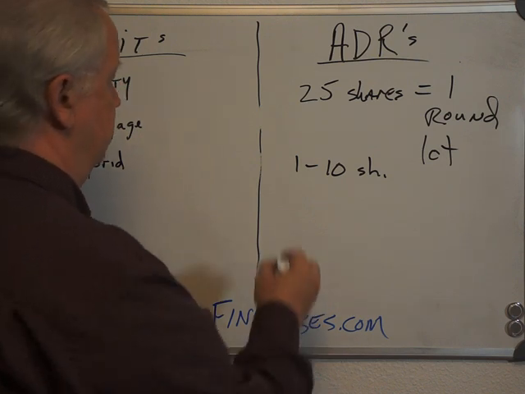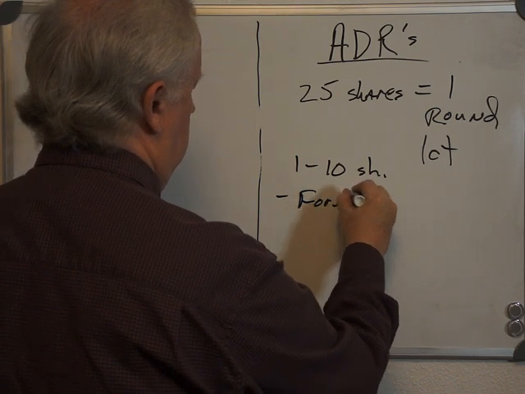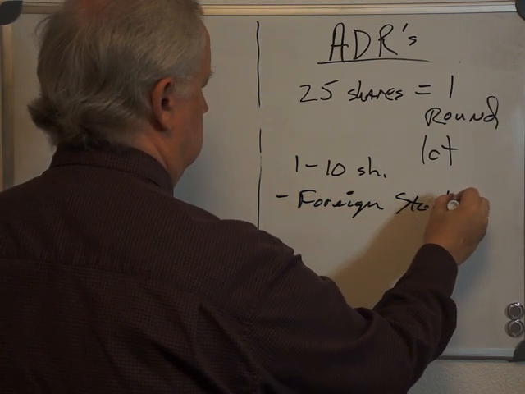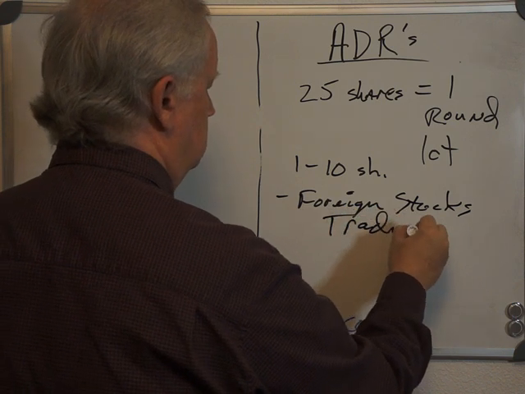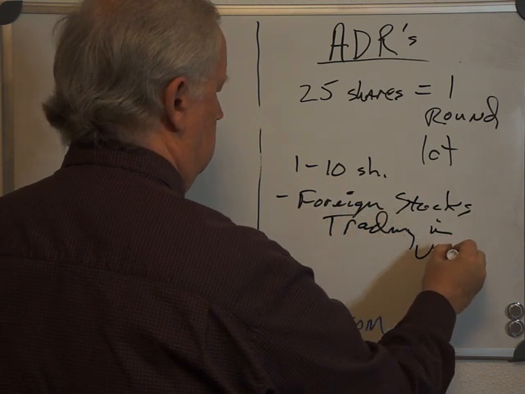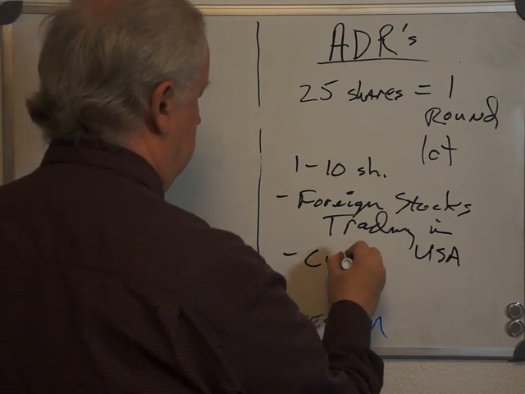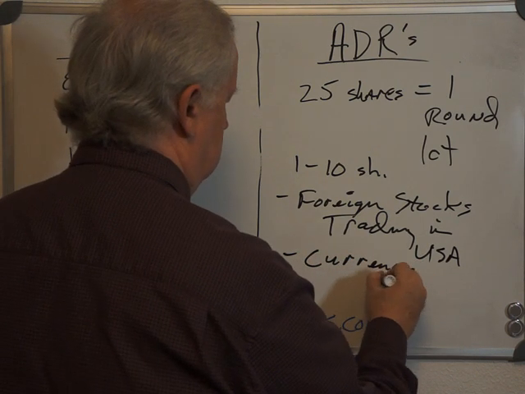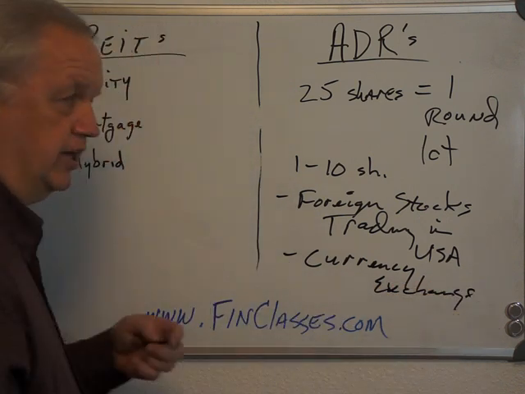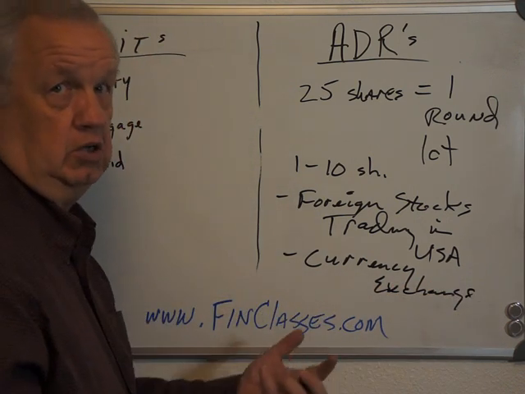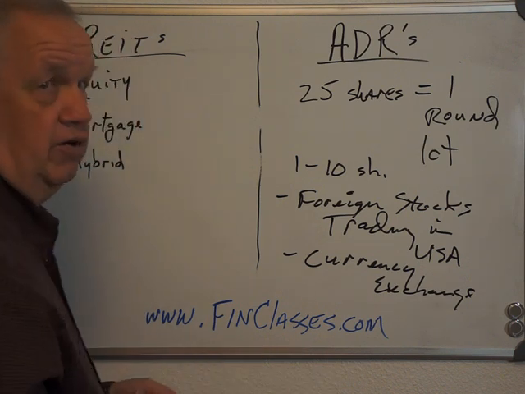So keep in mind the benefits. Foreign stocks, trading in USA, currency exchange. You're going to get your dividends in US dollars, okay? In whatever account you put it in.